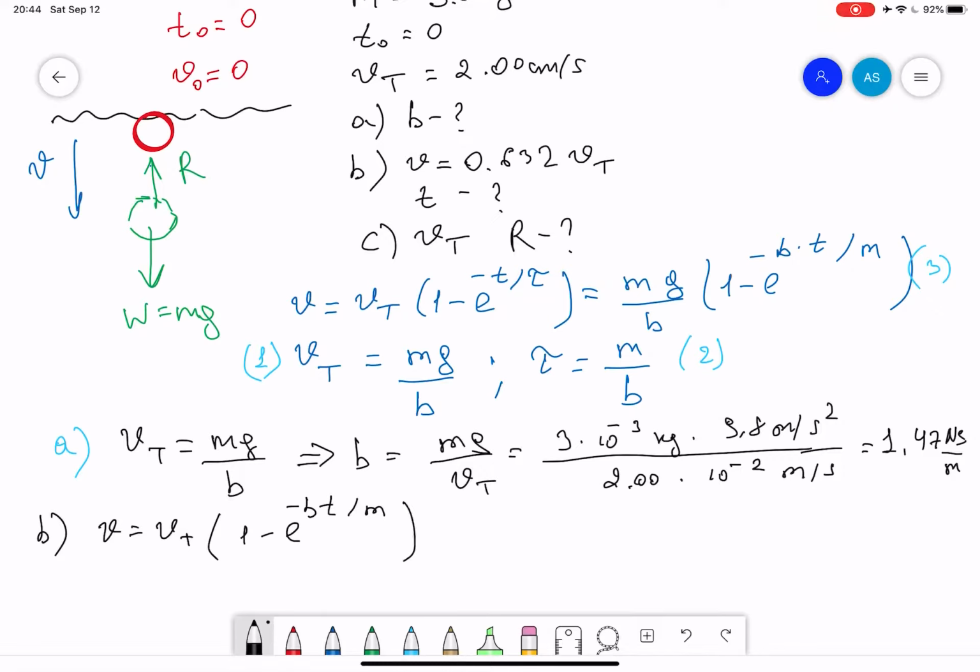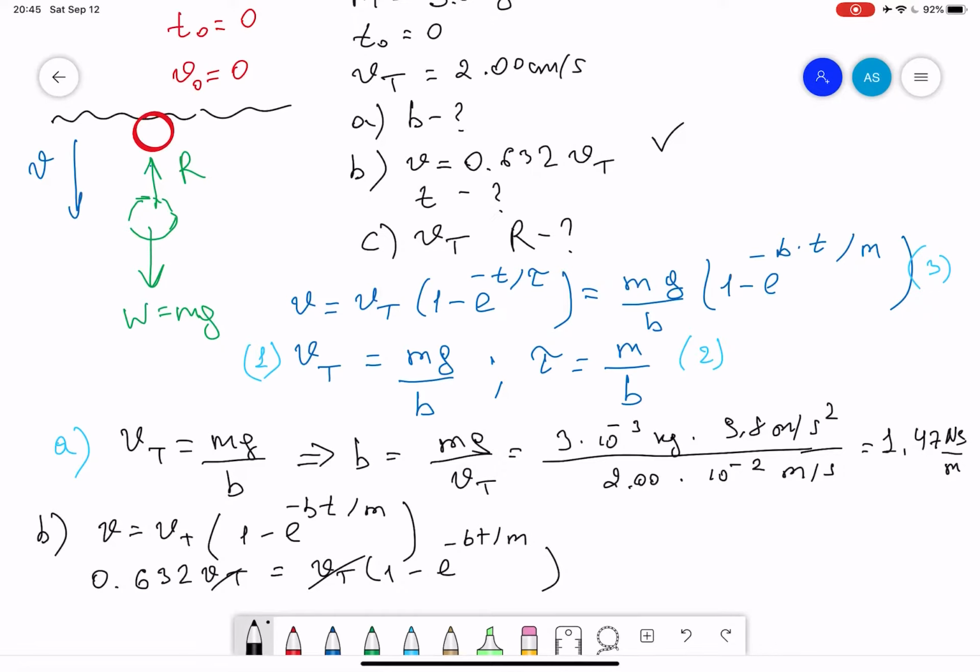When v is equal to 0.632 v terminal, we can plug this velocity in, so 0.632 v terminal is equal to v terminal times 1 minus e to the minus b t over m. The v terminal will cancel.